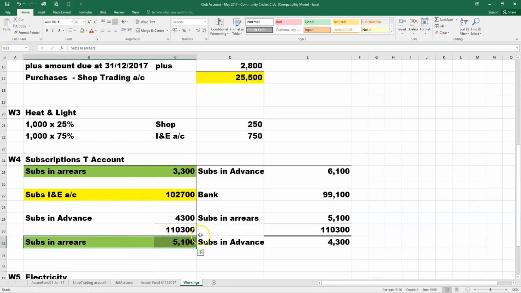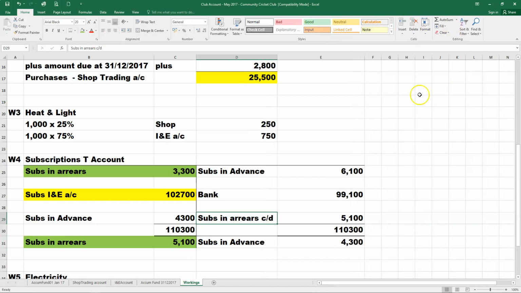So subs in arrears are carried down 5,100, and brought down 5,100 euro.